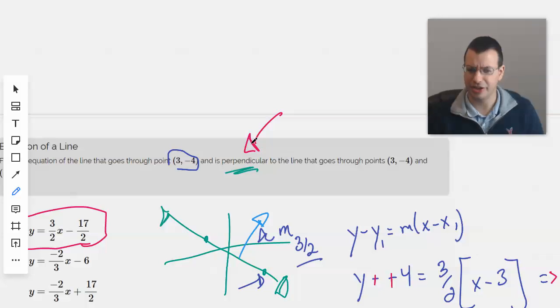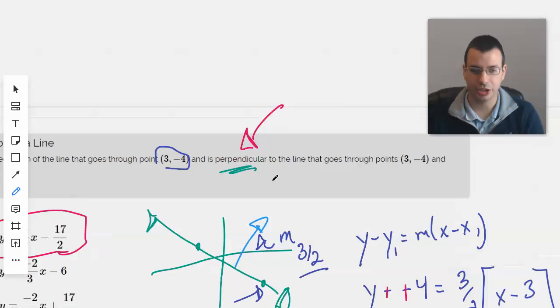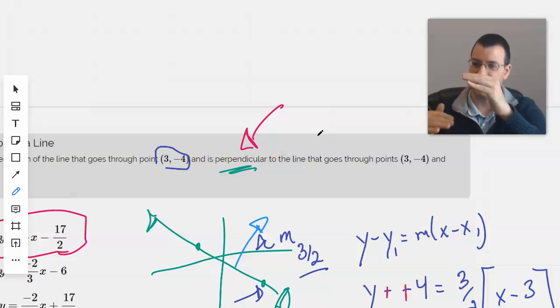I also like to draw things out in the graph because it kind of makes things simpler, easier for me. Just have to know that the slope of a perpendicular is the negative reciprocal. So you flip the sign and then flip the fraction.